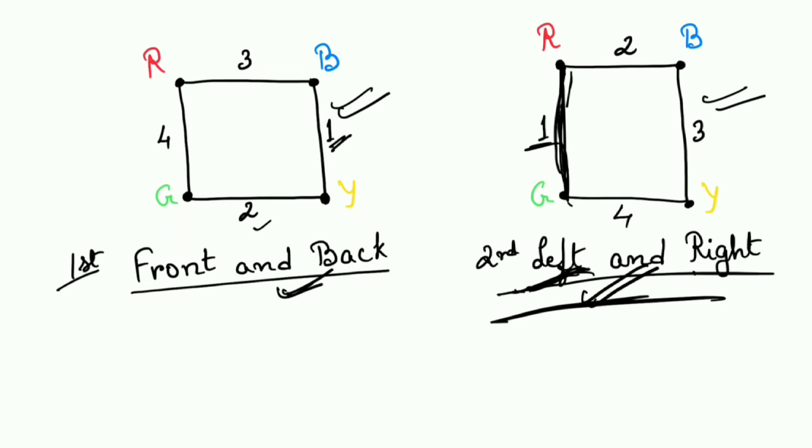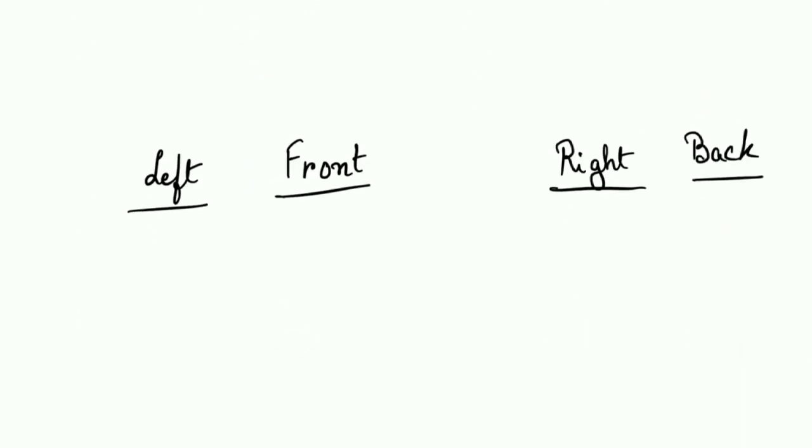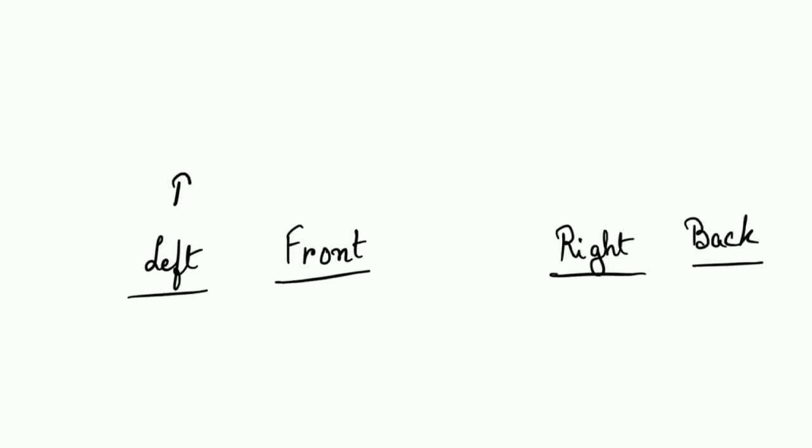So from left and right, for left let us consider the red color, and for green let us consider the right color. You can also consider green for the left face of the cube, and red for the right face of the cube. But let us consider red on the left and green on the right face of the cube.